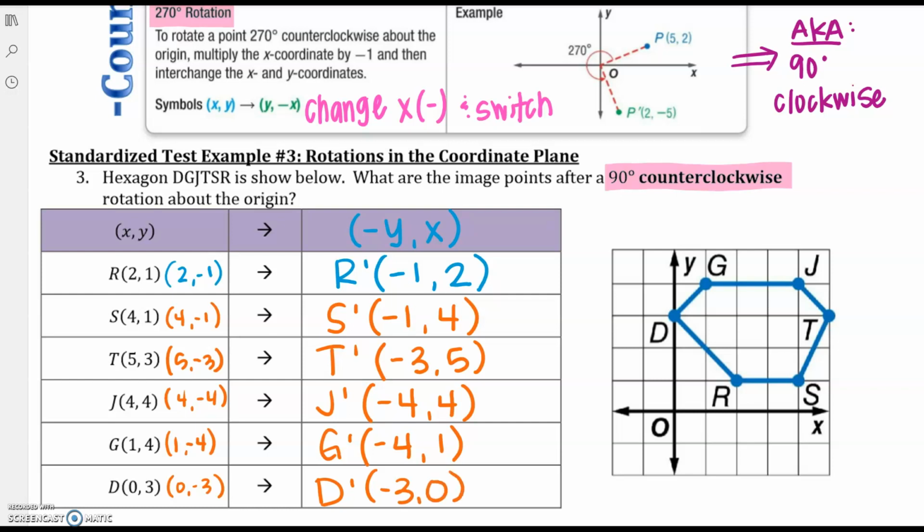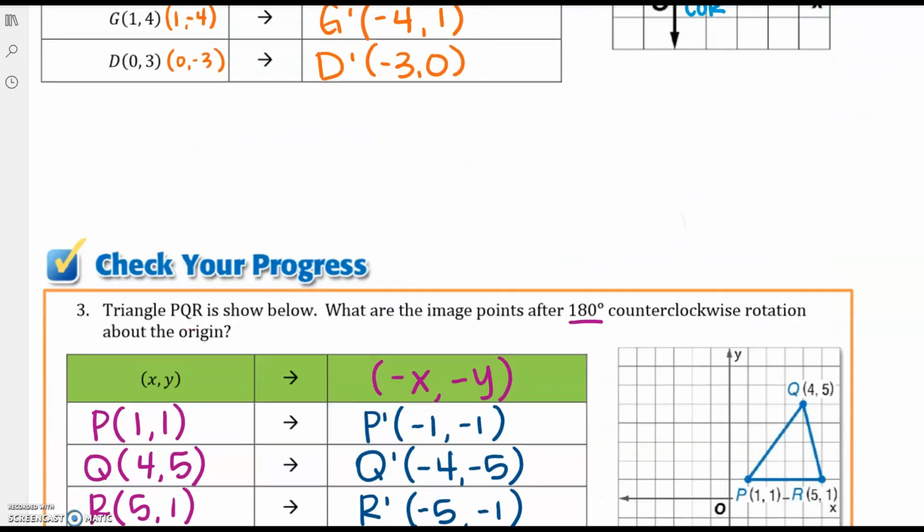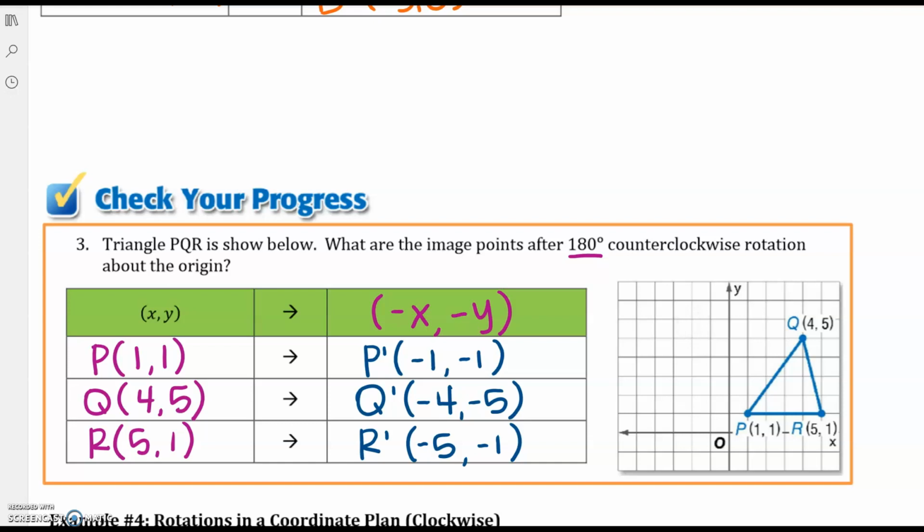All right, and if you would graph it, remember this would be my center of rotation. So 90 degrees would end up right about over here. All right, go ahead and stop this video and check your progress. Here are your answers. And if I would graph this, it would end up somewhere over here.